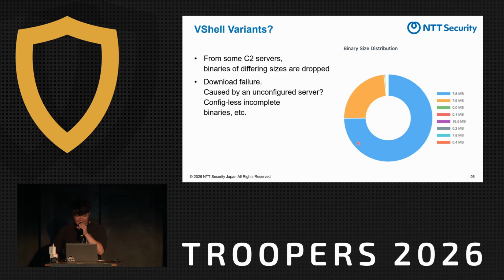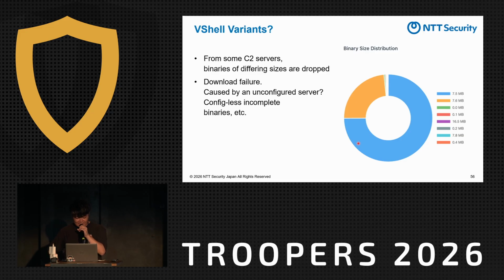From some C2 servers, we observed multiple binaries of distinct sizes being distributed. As shown in the chart, the majority of samples are around 7.5 megabytes, but there are also several smaller and differently sized binaries. There are several possible explanations for these variations.